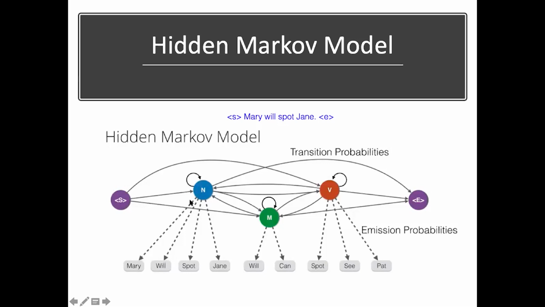That probability will then be multiplied by the probability of Mary being a noun, which is called the emission probability. So transition probabilities are the probability of a noun being followed by a modal being followed by a verb, and so on. And emission probabilities are the probabilities of that word being associated with a modal, or that word being associated with a noun, and so on. This might not be clear at the start, but once I explain what transition and emission probabilities are, it'll be easier to understand how we can maneuver through this graph.